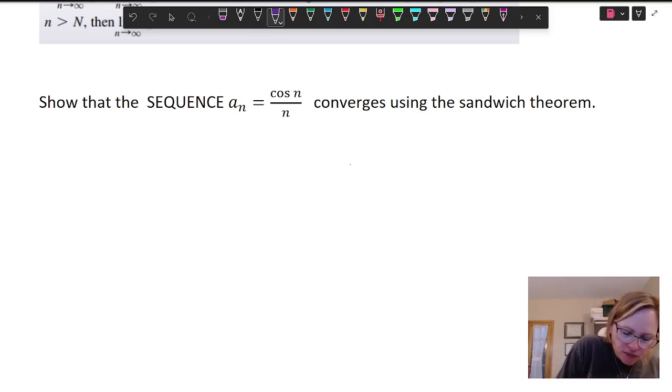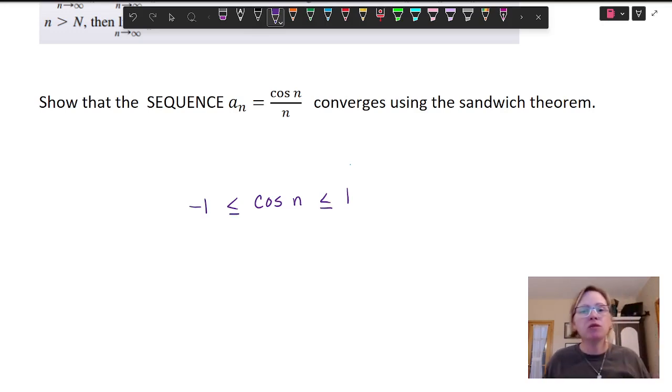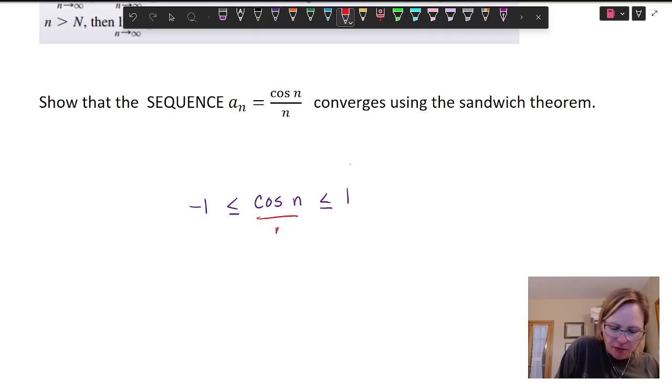And because we know that cosine of n will always be between 1 and -1, it then follows that if I take that cosine and divide it by n, as long as I do the same thing to both sides of that expression, it's going to remain true.